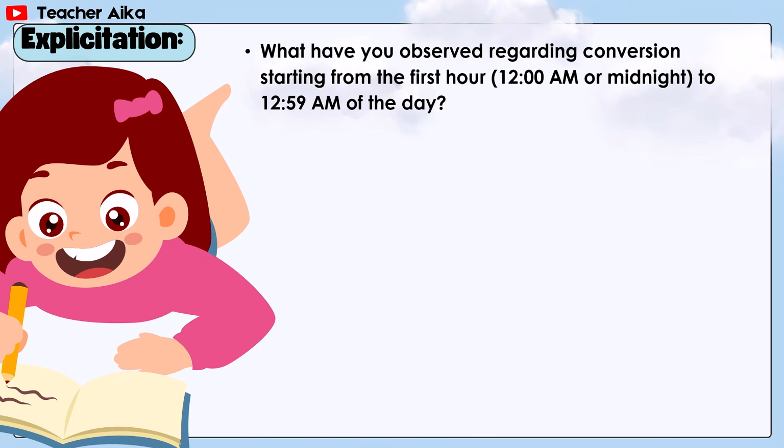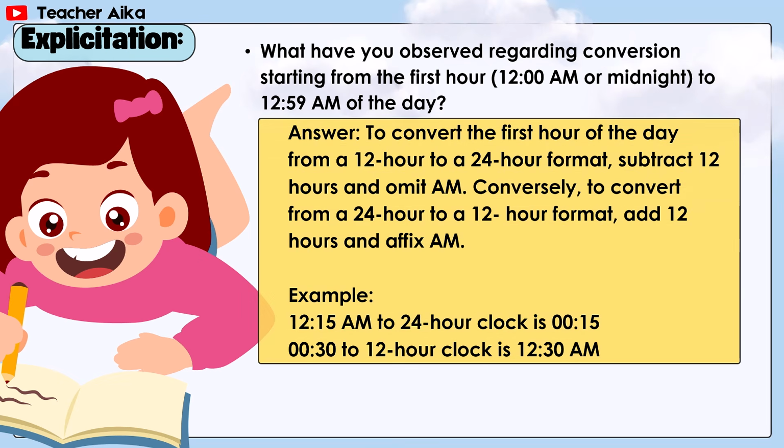Fourth, what have you observed regarding conversion starting from the first hour, 12 a.m. or midnight, to 12:59 a.m. of the day? The answer: to convert the first hour of the day from a 12-hour to a 24-hour format, subtract 12 hours and omit AM.